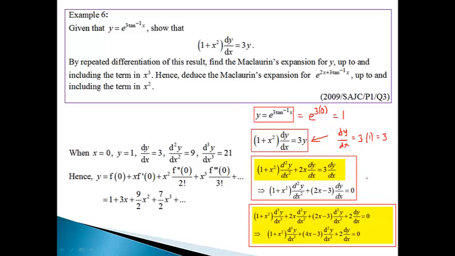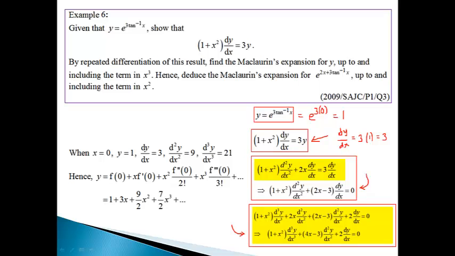Right, the same goes for this equation here. I sub in the value when x is 0 and the value of dy dx equals 3 into this equation, and I will arrive at d2y dx squared equals 9. And last but not least, for this equation, the same thing goes.